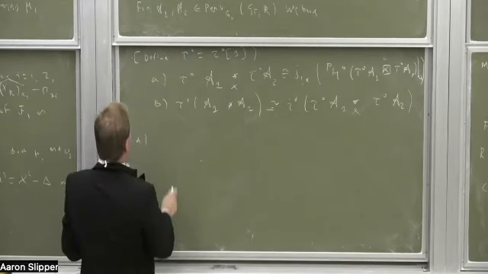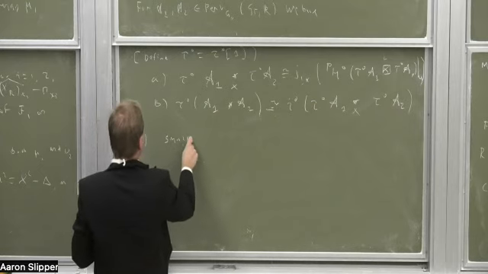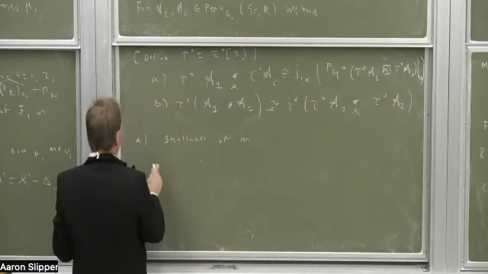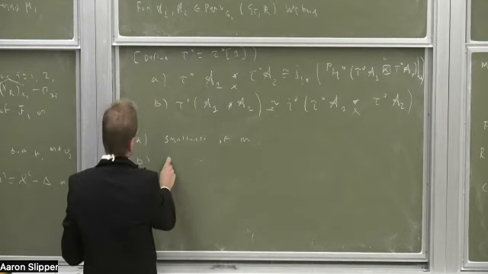A follows from smallness of M, and B follows just from definitions.